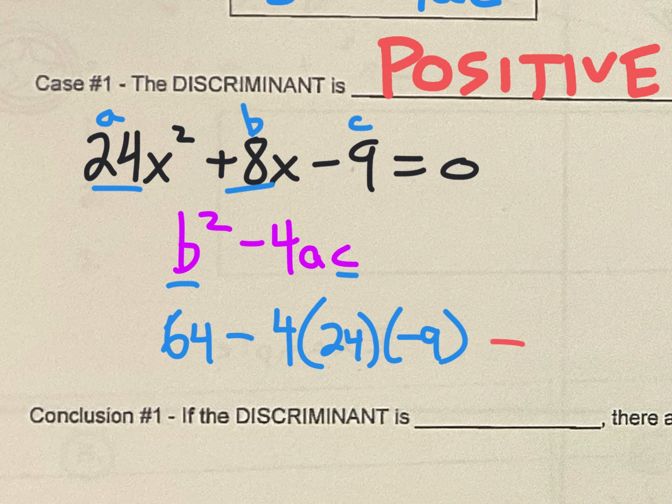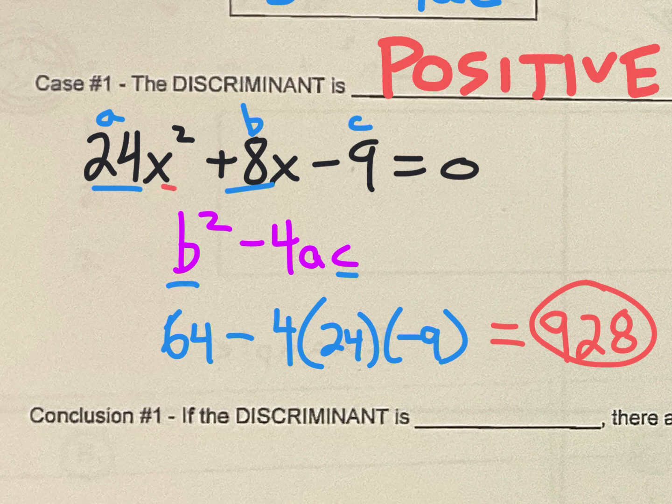This will be calculator work. Remember, I'm not hitting the square root key. I'm just going straight up. 64 minus 4 times 24 times negative 9. You can type it in exactly like you see it, and you get 928. 928 is the discriminant.